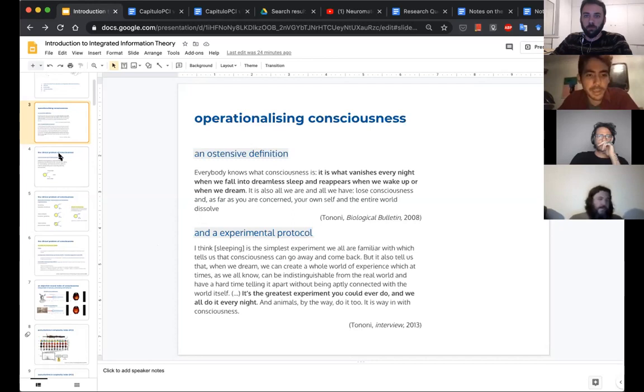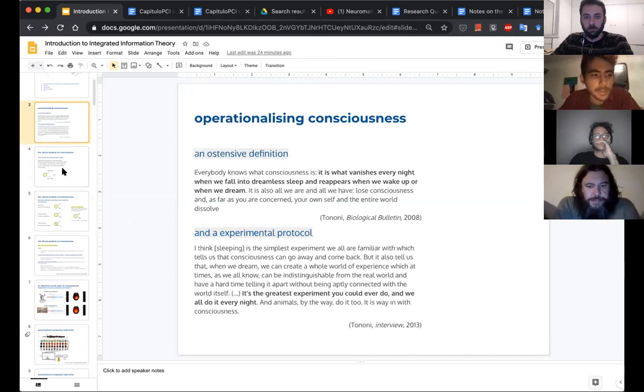By this definition, you have a certain state in which it occurs and a certain state in which it vanishes. That's basically enough to do experiments in science, because you can contrast these two states without knowing what they are. You know when they occur, so you can look at the brain in these two states, and basically the whole last decades of research have been contrasting in smart ways the brain while it is unconscious and when it is conscious.